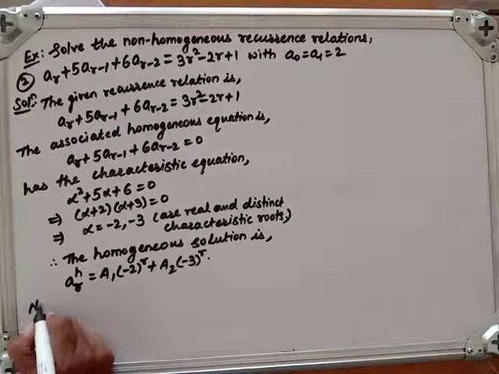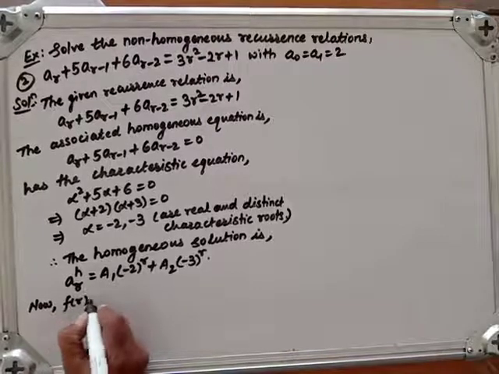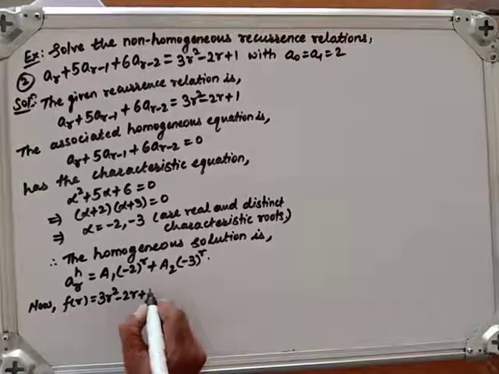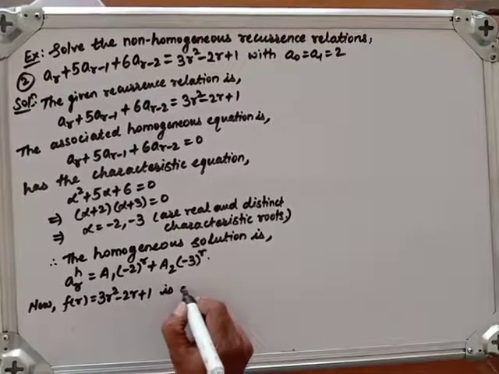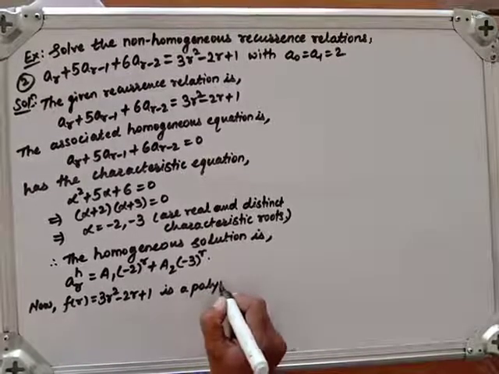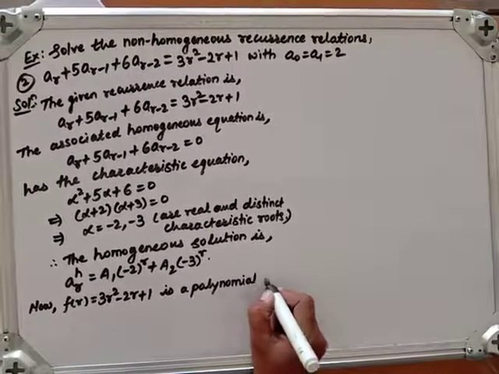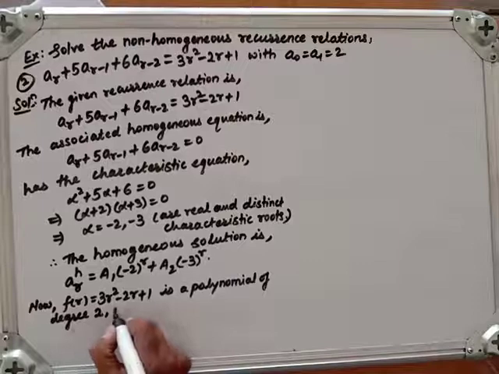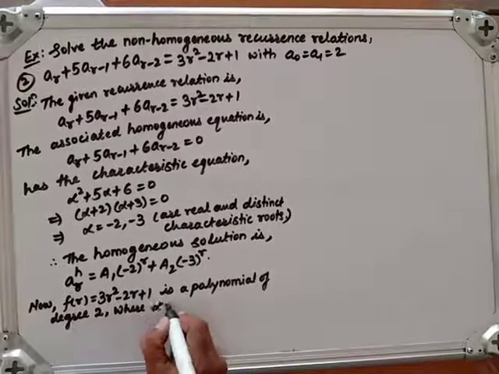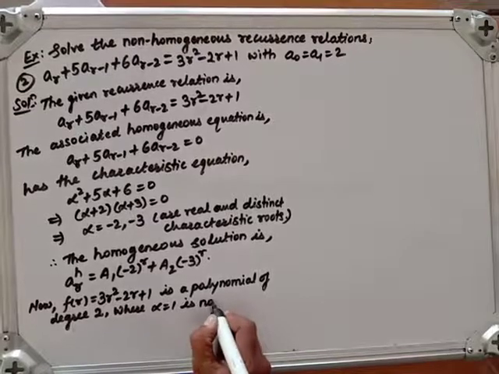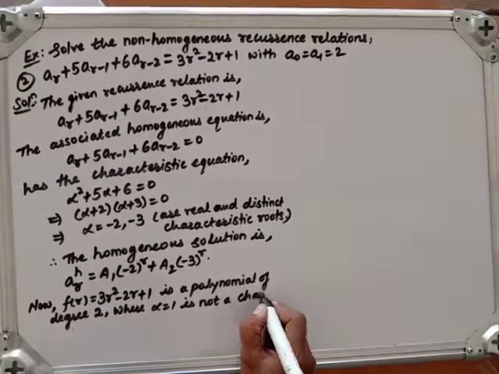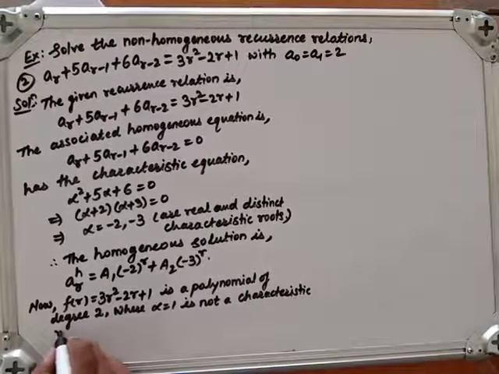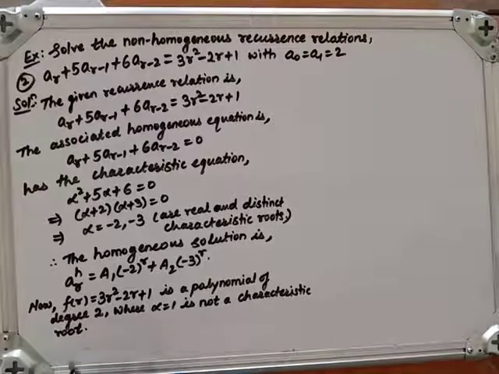Now further we have to work on f of r. What is f of r? F of r is 3r square minus 2r plus 1, a polynomial of degree 2 where alpha equal to 1 is not a characteristic root.